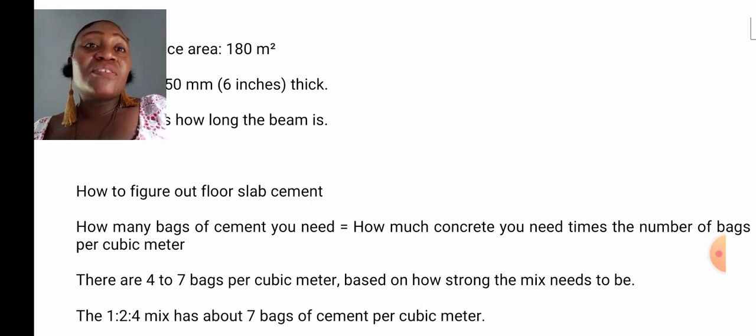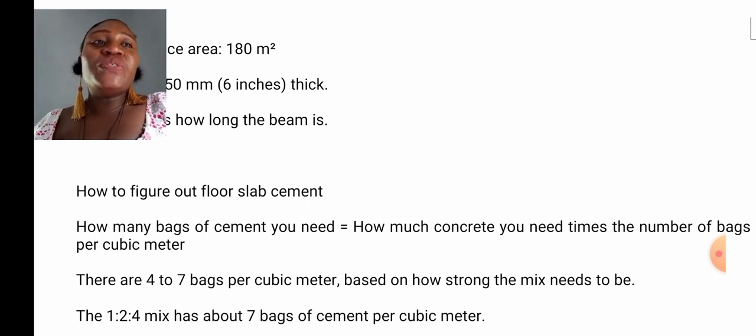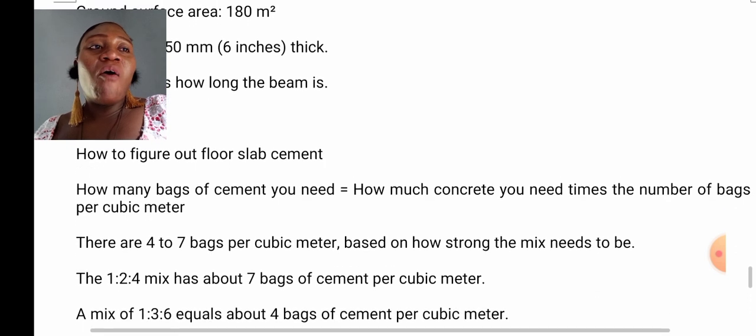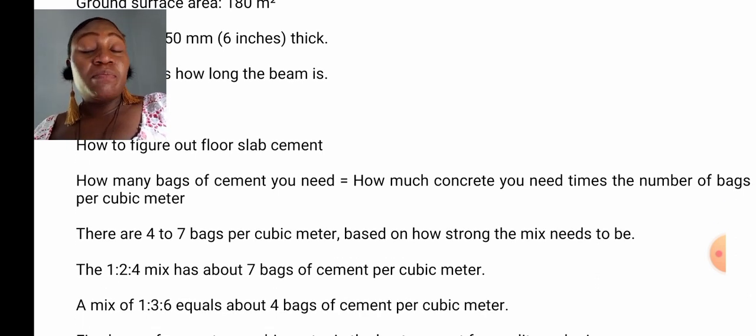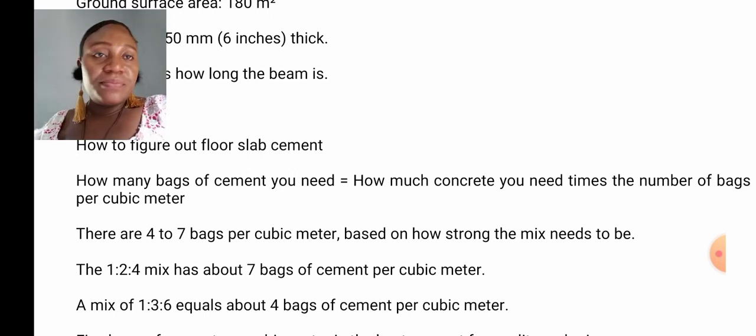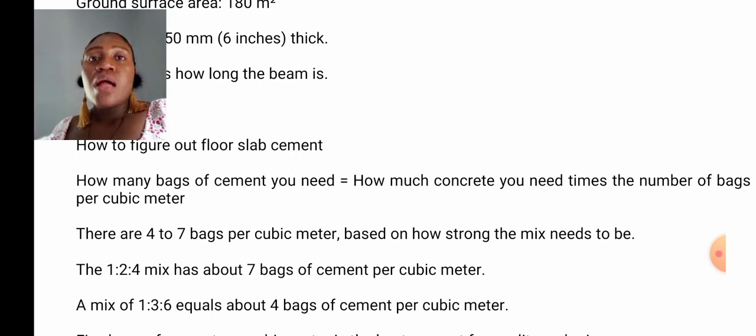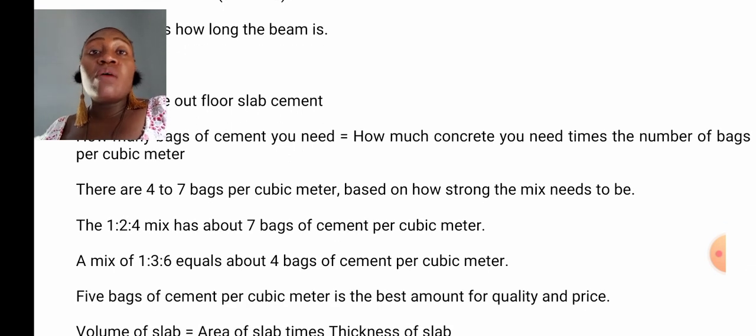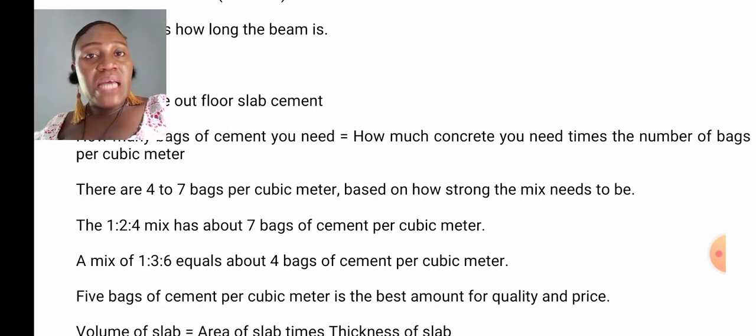how many bags of cement you need equals how much concrete you need times the number of bags per cubic meter. There are 4 to 7 bags per cubic meter based on how strong the mixture needs to be. The 1:2:4 mix has about 7 bags of cement per cubic meter.